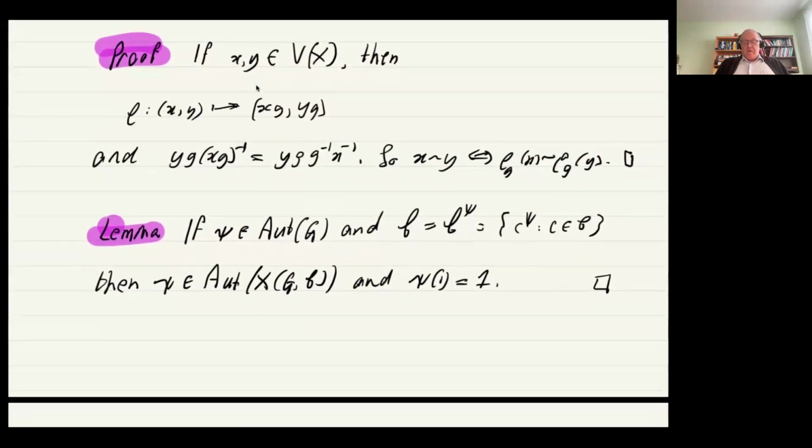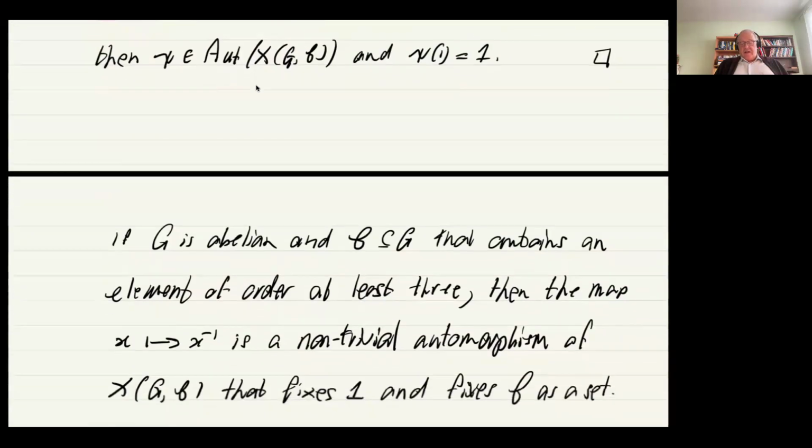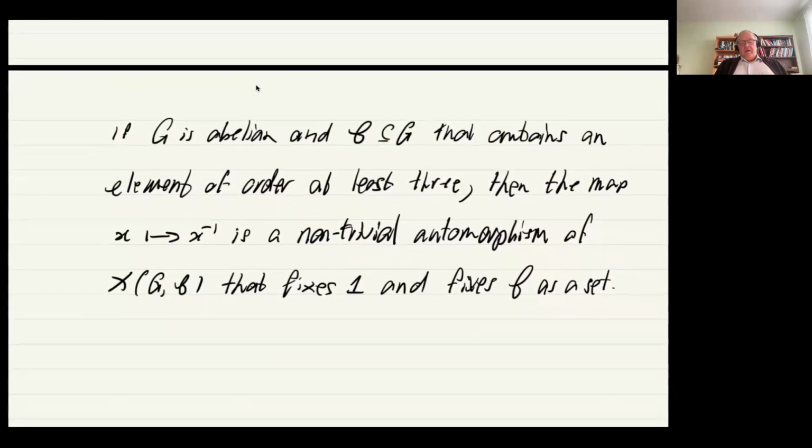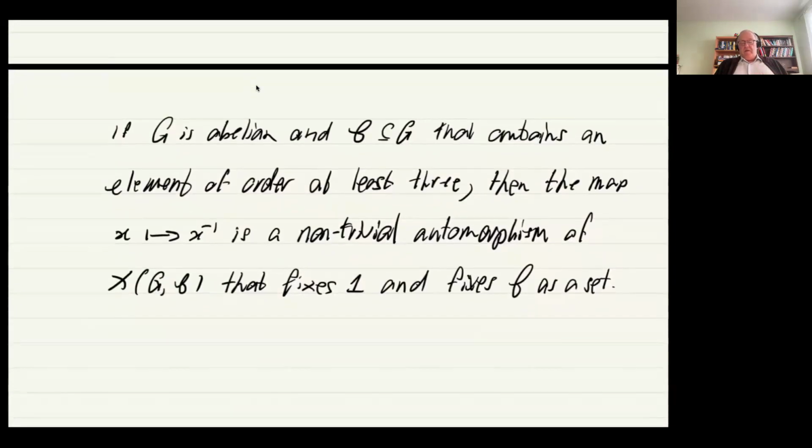If you have an automorphism psi of the group which maps the set C to itself, then psi gives you an automorphism of the graph. It fixes the identity and permutes the vertices adjacent to the identity. Now, how can you get such an element? Well, if you have an abelian group and it contains an element of order at least 3, then the map that sends x to x inverse is a non-trivial automorphism of the graph.